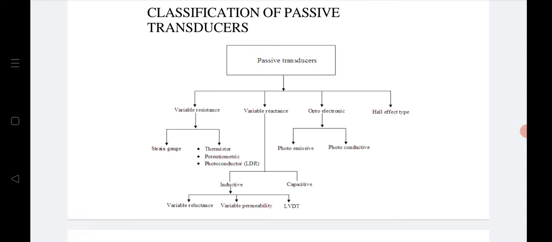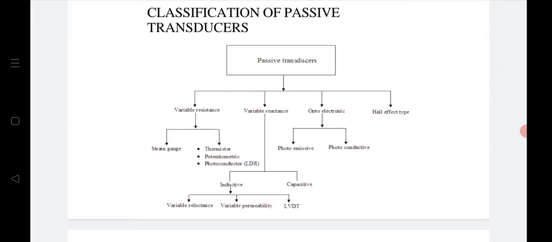As we said, a passive transducer gives output as variations of electrical parameters. The first electrical parameter we consider is resistance. Variable resistance is again classified into different types: strain gauge, thermistor, potentiometer, and photoconductor, LDR, that is your photoconductor.